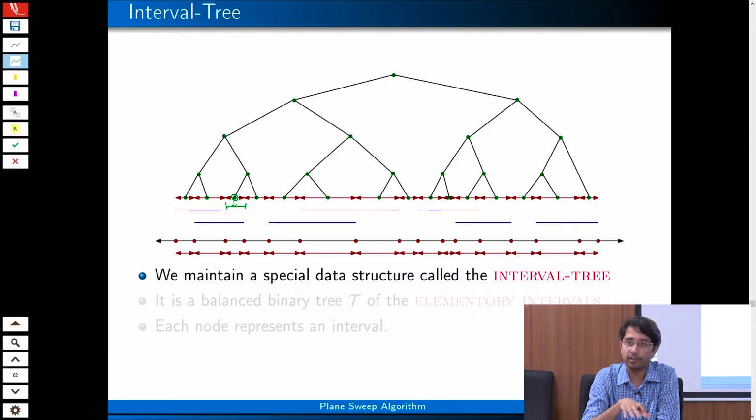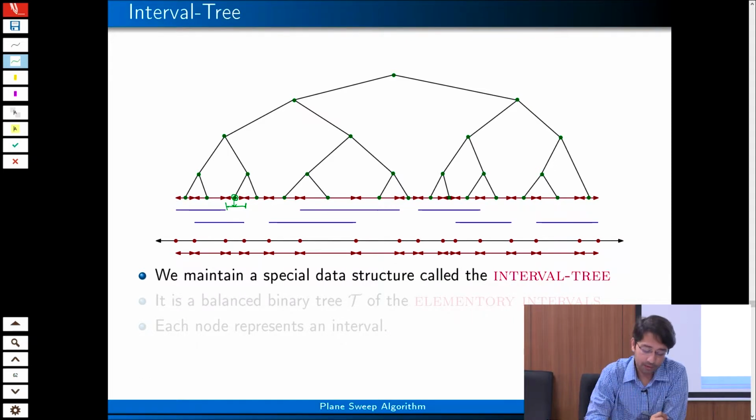This is just a representation. I have built a tree where the leaf nodes of the tree are the elementary intervals. What is the internal node? Any internal node is a union of the intervals of its children.